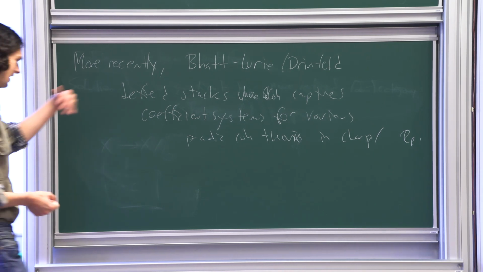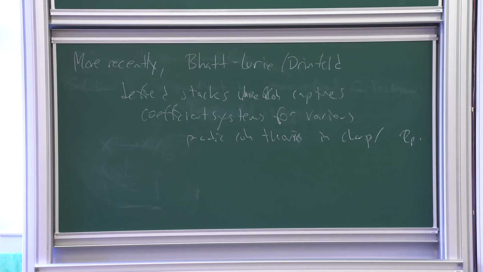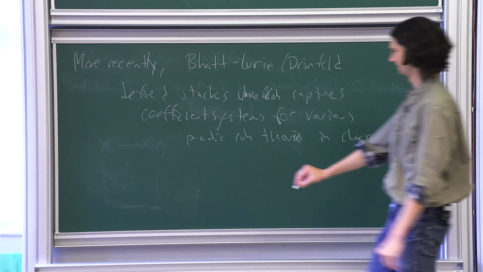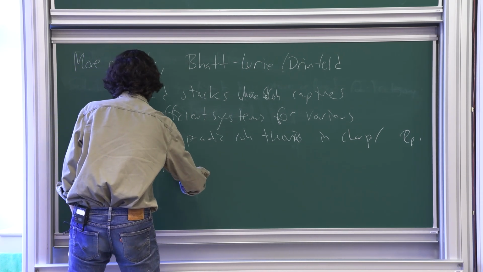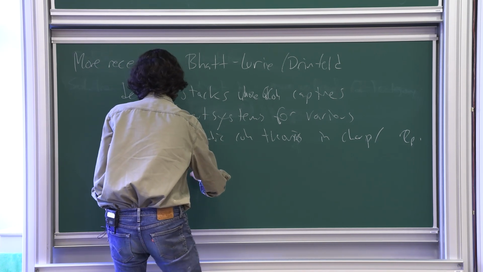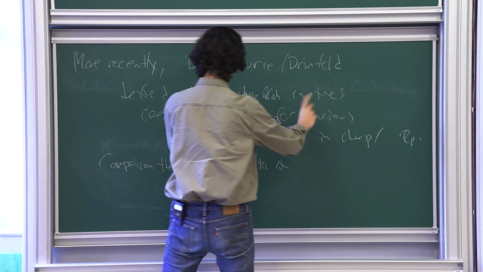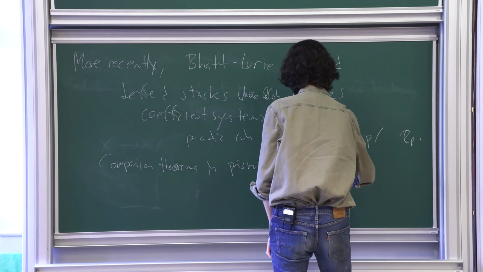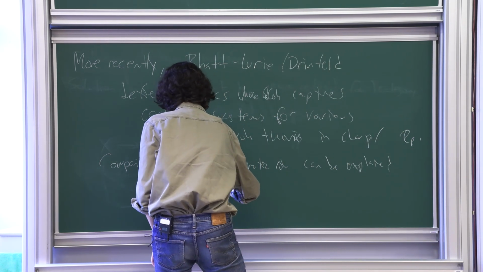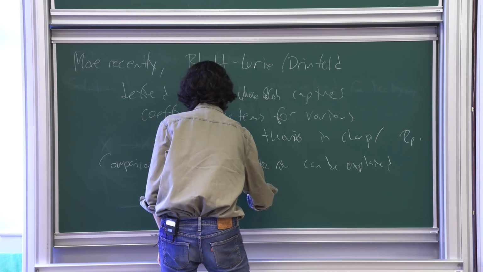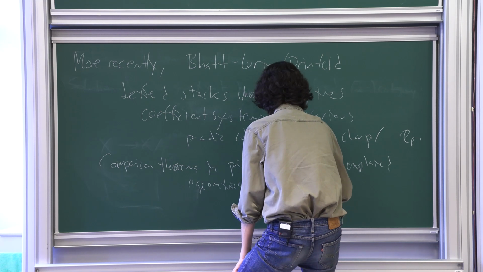And so there are stacks capturing prismatic cohomology, de Rham cohomology, crystalline cohomology, and also the comparison theorems between all of these various cohomology theories can be explained, so to speak, geometrically. It's arguable how geometric these kinds of stacks are, but geometrically in terms of the stacks.